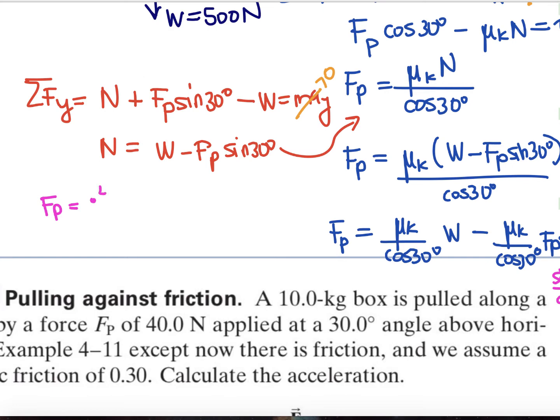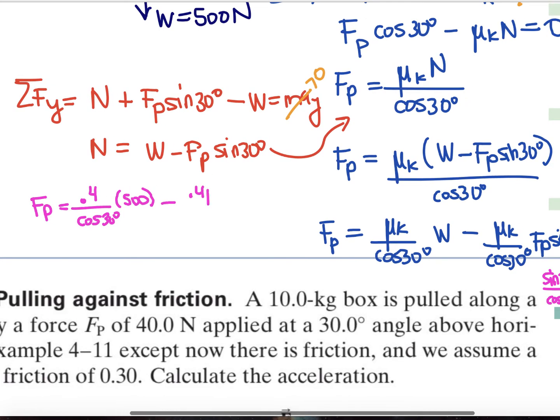So mu k is 0.4, cosine 30 is, well, it's 0.866, so maybe I'll leave it as cosine 30 for right now, times the weight, which is 500, minus 0.4 times FP times the tangent of 30 degrees.